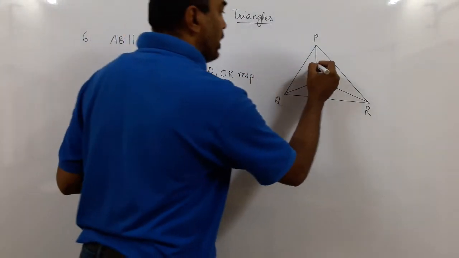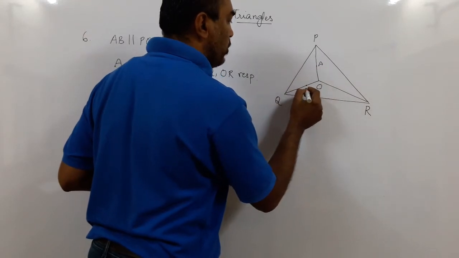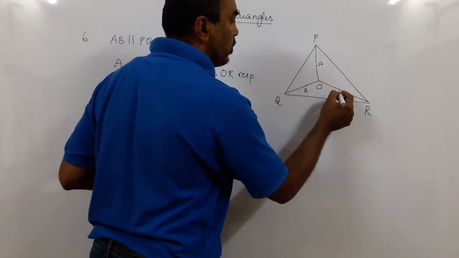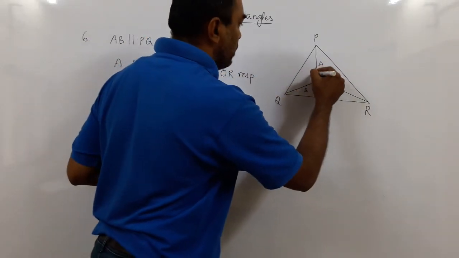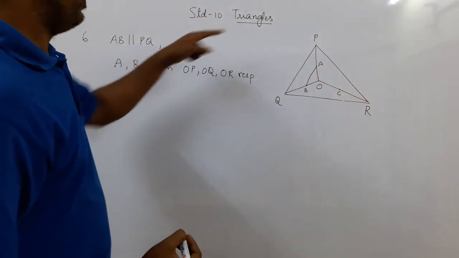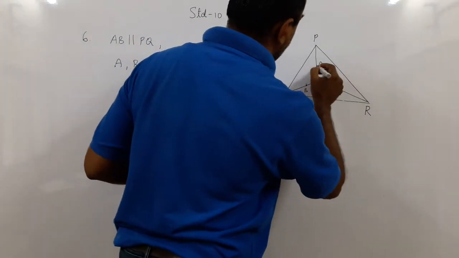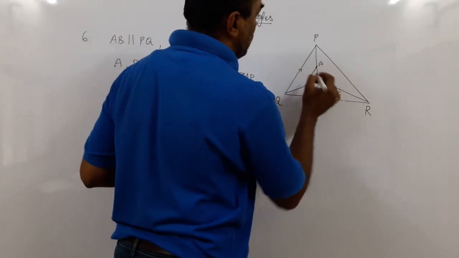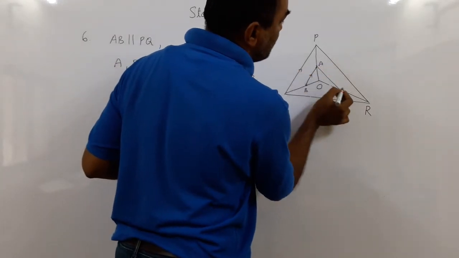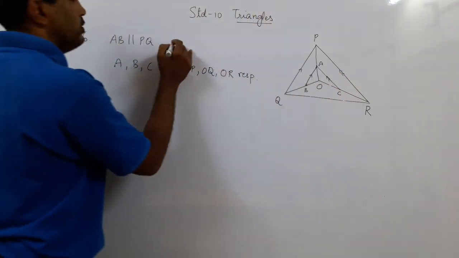So we have point A on OP, point B on OQ and point C on OR, such that AB is parallel to PQ and AC is parallel to PR.